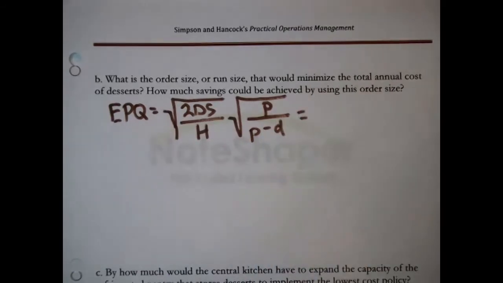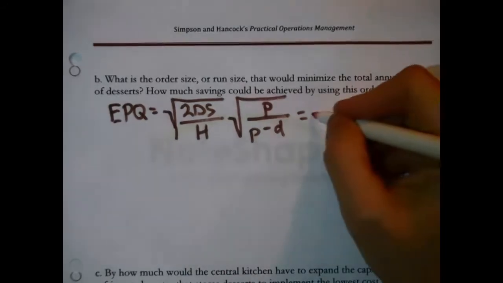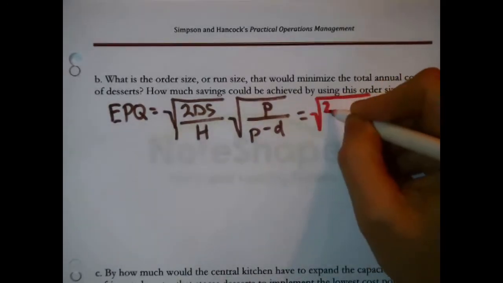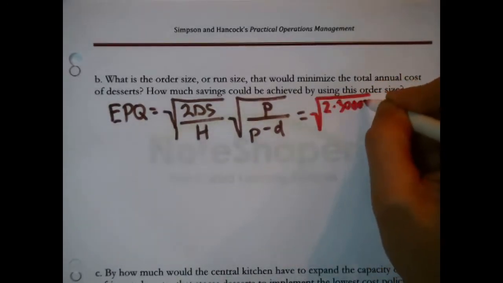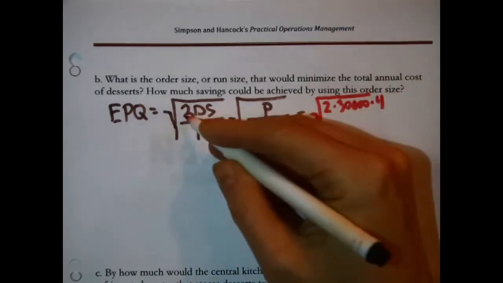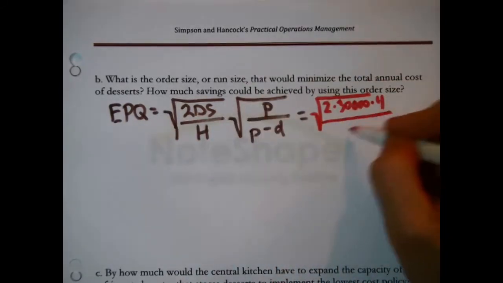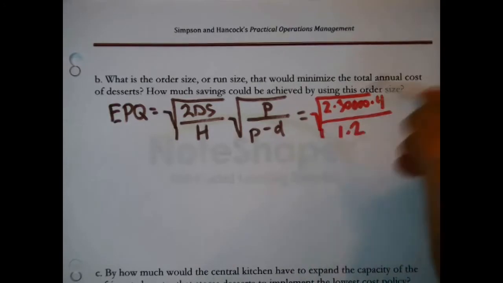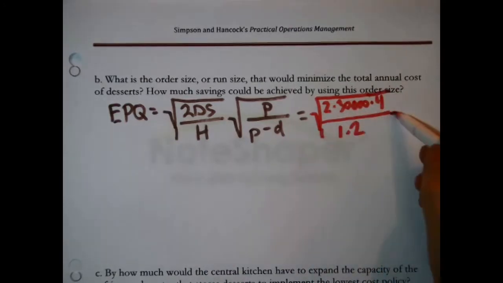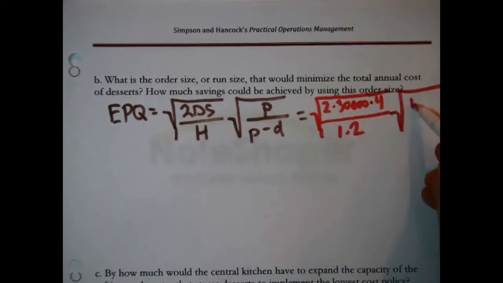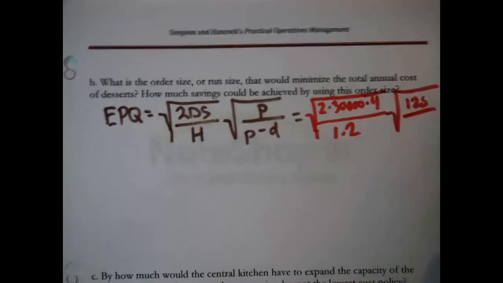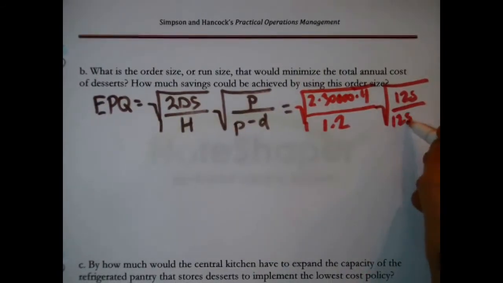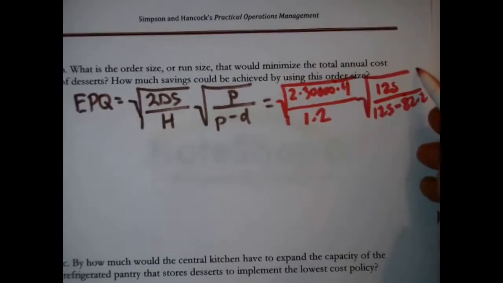Now, all I need to do is fill this out. Okay, so that's the square root of what? 2 times 30,000 times 4, right? That, divided by 1.2, that's all under a square root, times under another square root, 125 over 125 minus the 82.2 some odd that I calculated.